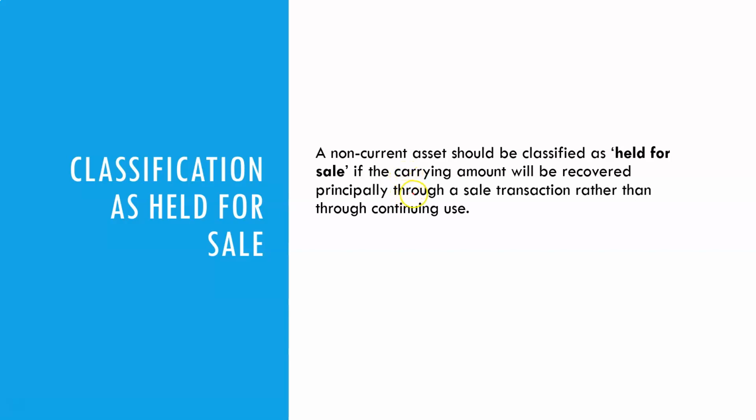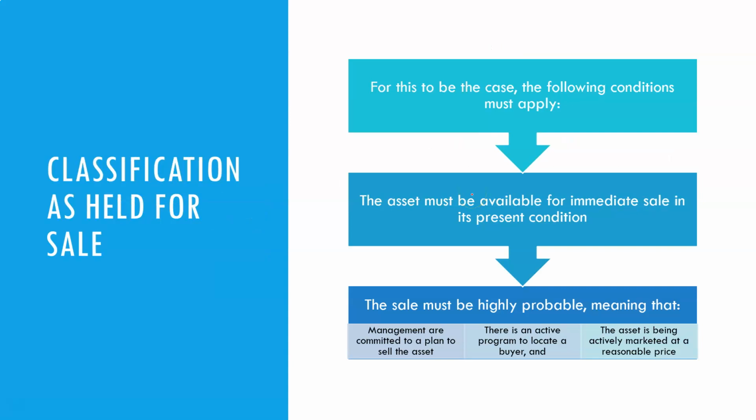We're not expecting any more future economic benefit through its continuing use, through us using it to trade. So what we need to do is to derecognize it from our non-current asset register and transfer it into our current asset register, because what we're really doing is prepping it for sale within the next 12 months.